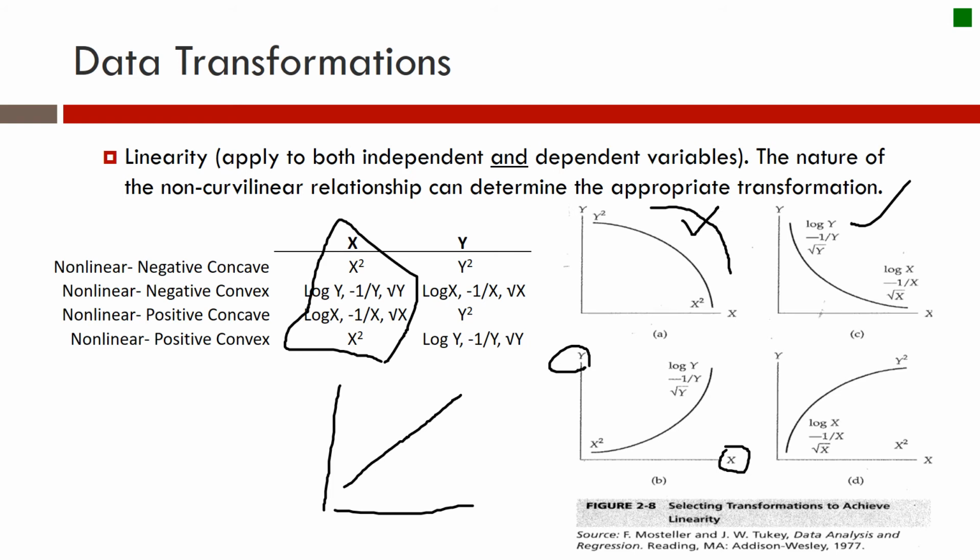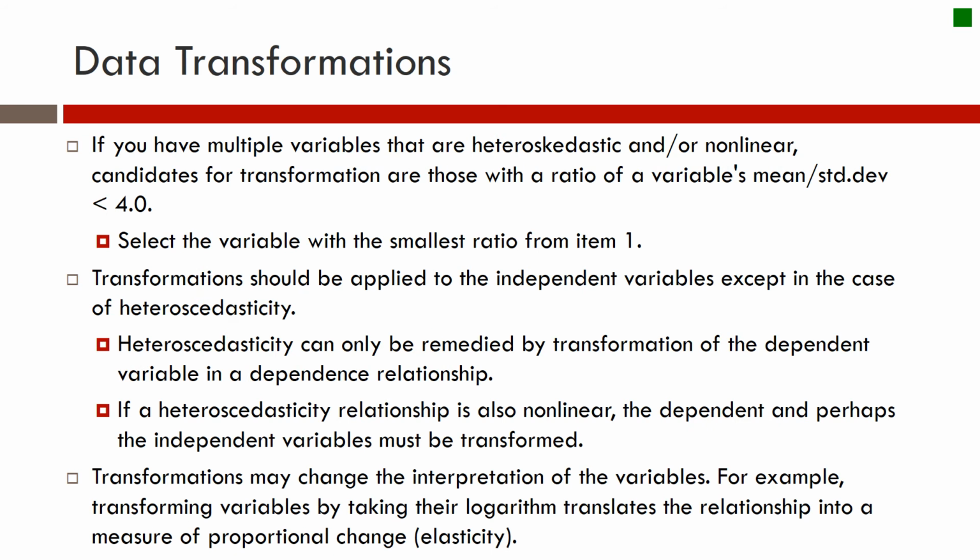So is it more normally distributed after the transformation than it was before? Is it more homoskedastic or more linear than it was before? And that's the judgment call that we need to be able to make. Okay, so if we have multiple variables that are heteroskedastic or nonlinear, then we want to be able to test for this and see if these improvements have been made.